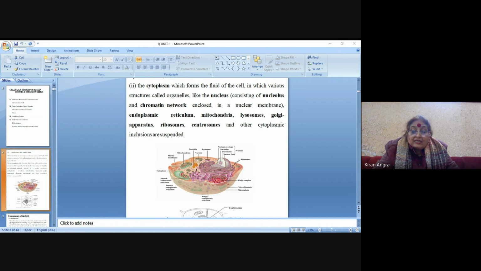They have different shapes, but each has a cell membrane which protects the cell, and inside that cell membrane there is a cytoplasm. If you could see the diagram which I am trying to show you, it is a fluid of the cell in which the different structures lie.